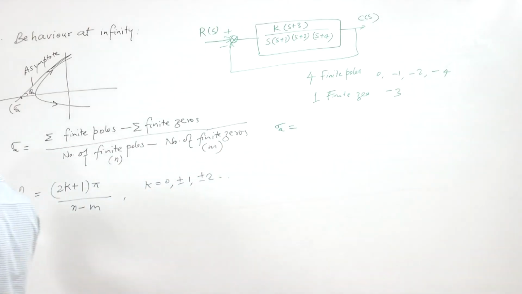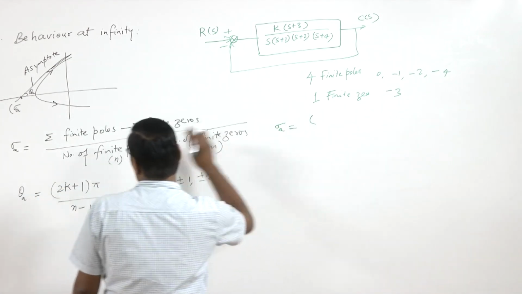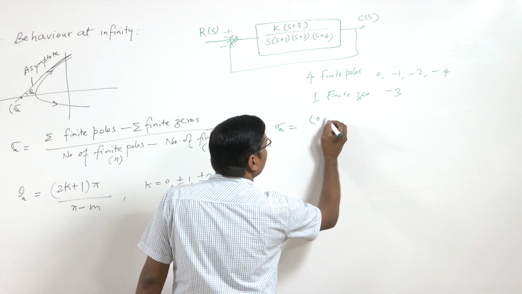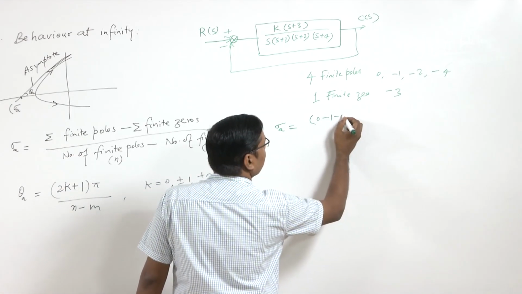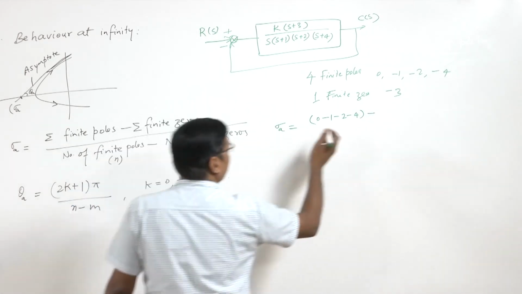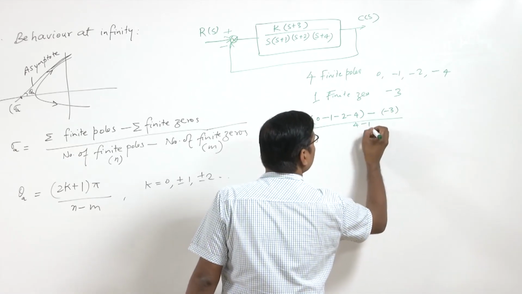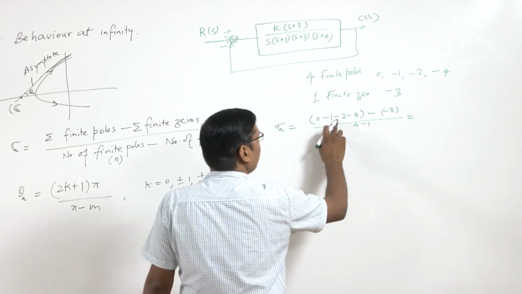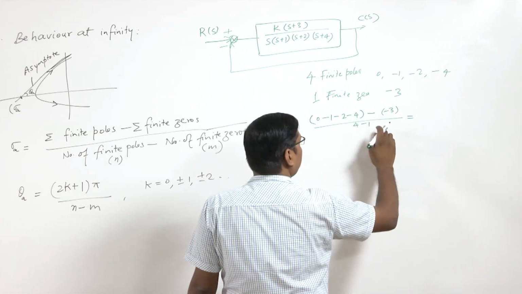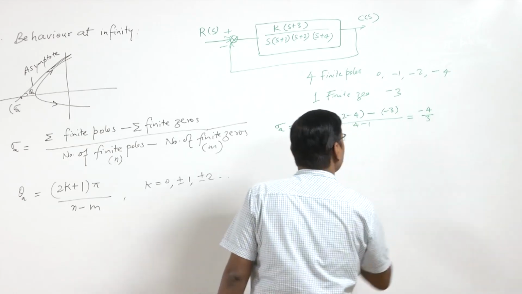Here, sigma of finite poles: 0 plus 1 is -1, -2, -4, minus the finite zero, so minus -3, divided by 4 minus 1. So that is 1, 2, 3, 4, 7 and plus 3. So that is minus 4 by 3.